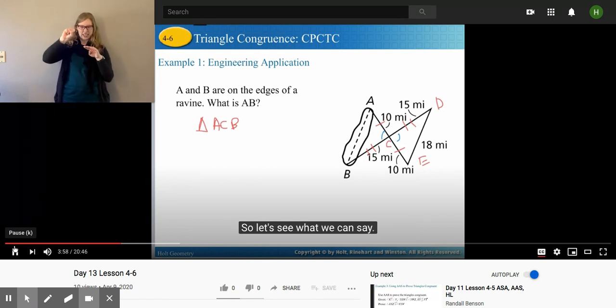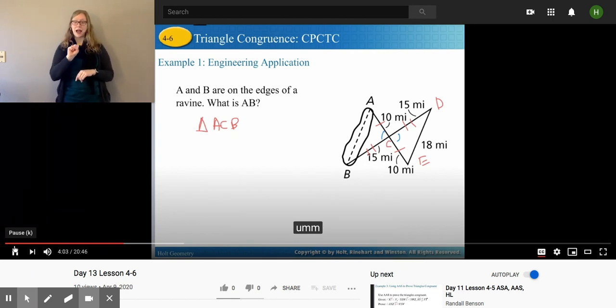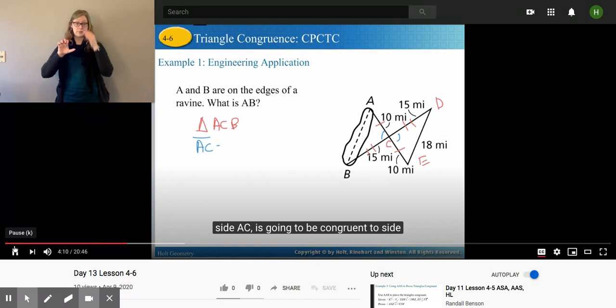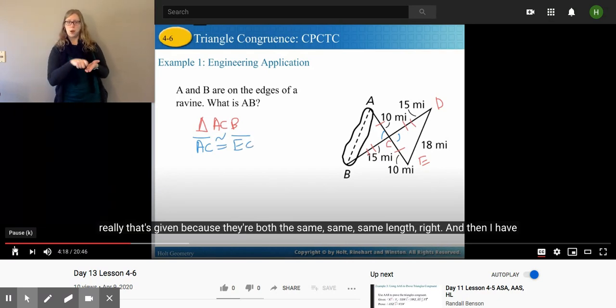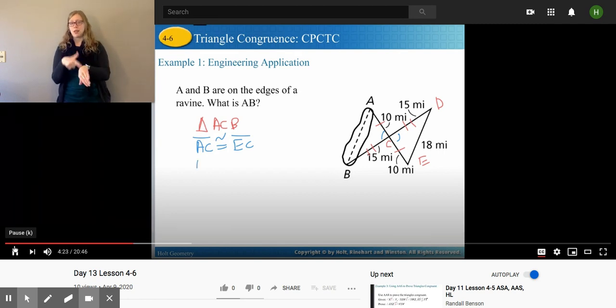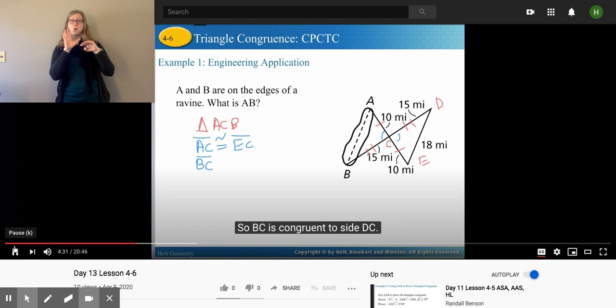So let's see what we can say. First of all, side AC is going to be congruent to side EC, and really that's given because they're both the same length, right? And then side BC is going to be congruent to side DC.